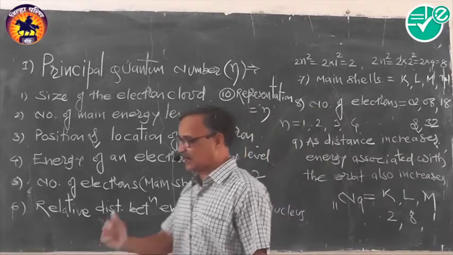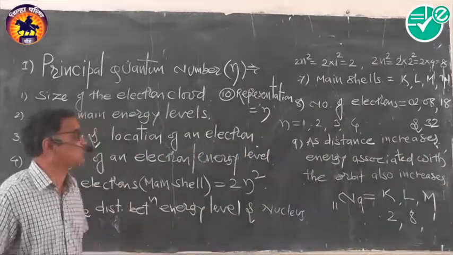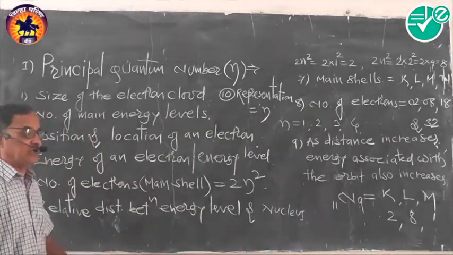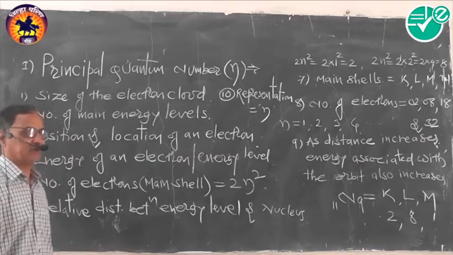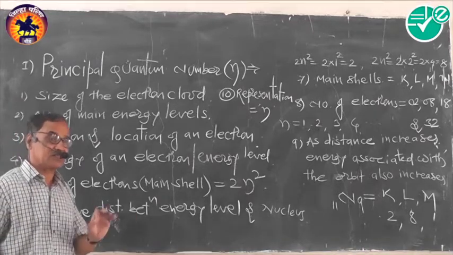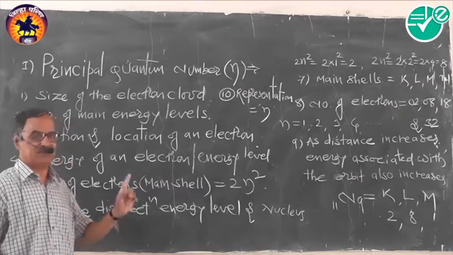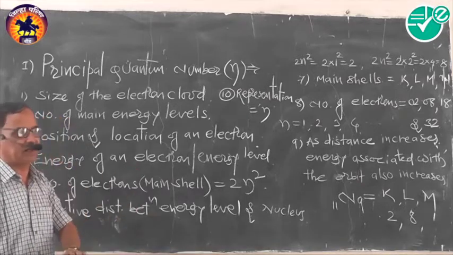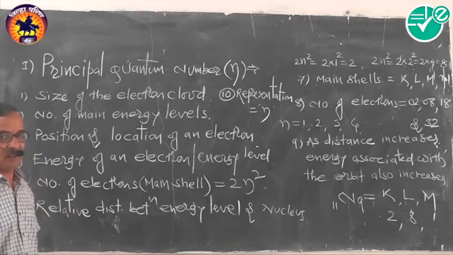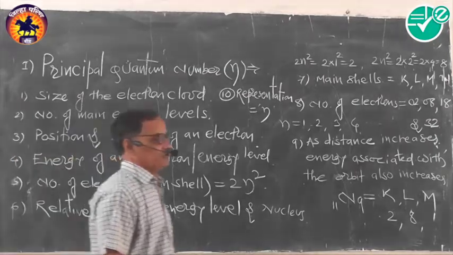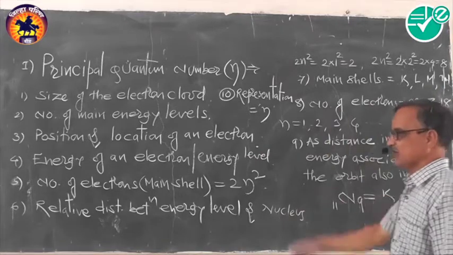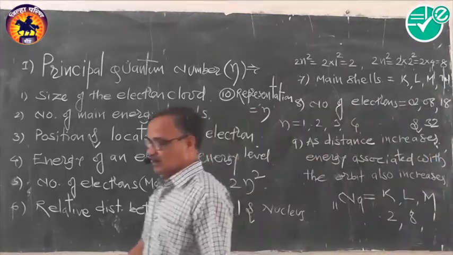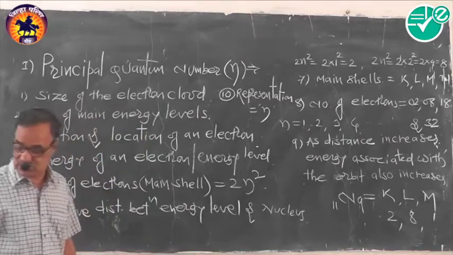But this second quantum number, called the azimuthal quantum number, gives the more perfect position of an electron in the sub-energy level of the main energy level. So it can be explained on the basis of similar 10 points in consideration of the azimuthal quantum number.